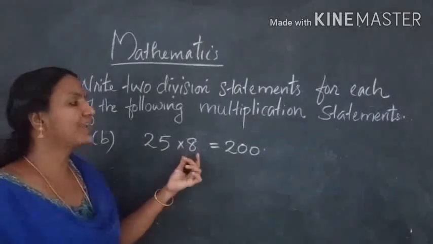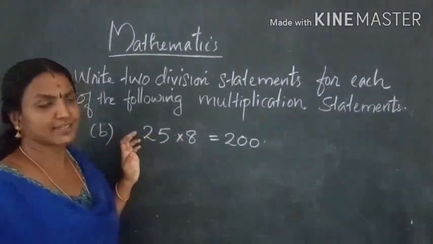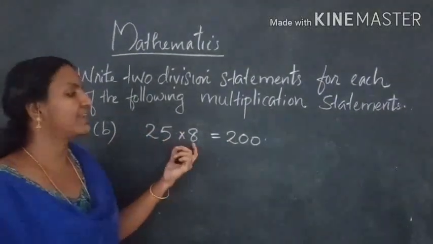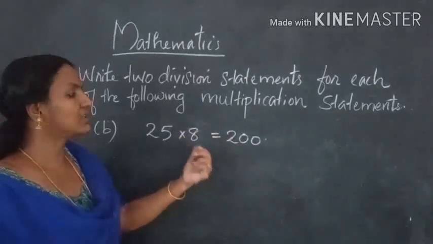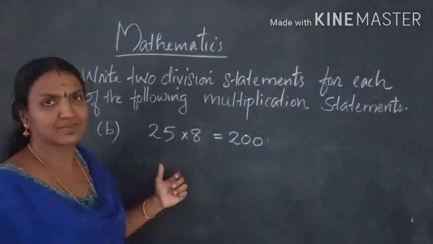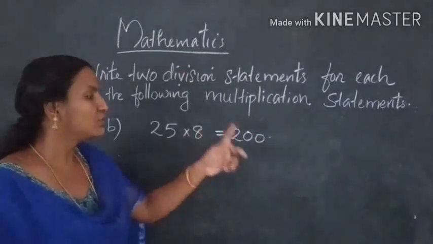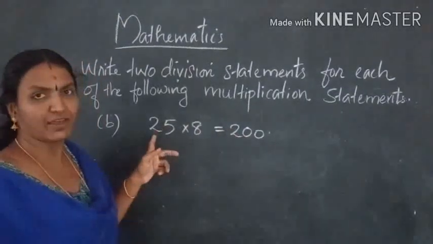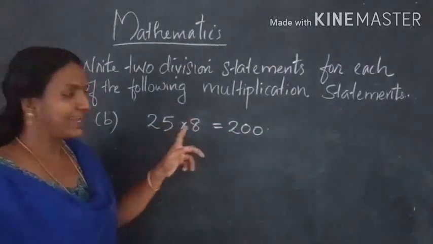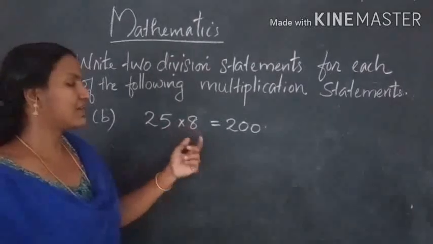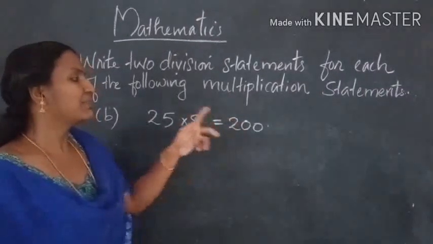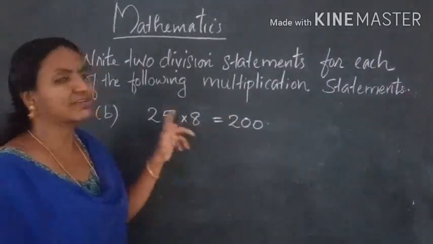25 into 8 is equal to 200. The product of 25 and 8 is 200. We have to write two division statements. First we have to divide 200 by 25. 200 divided by 25 is 8. Okay. So the next one, 200 divided by 8. 200 divided by 8 is 25.